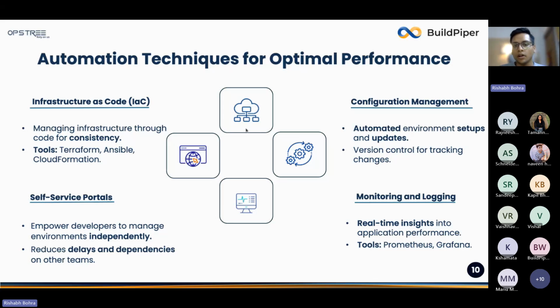You don't have to do any manual intervention at any point in that stage, because the workflow is completely automated and based on events. And then we have version control, which keeps track of every specific change that is going out, getting merged into the stable branches for the respective environments.